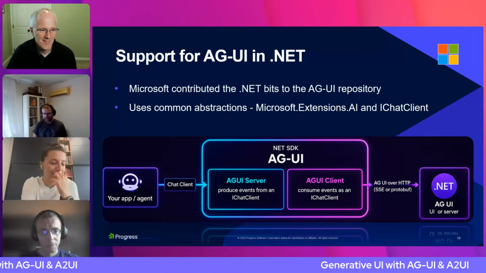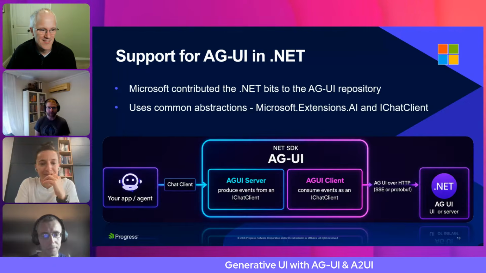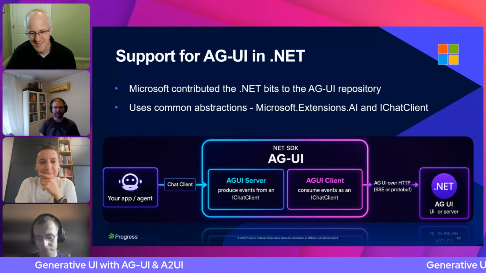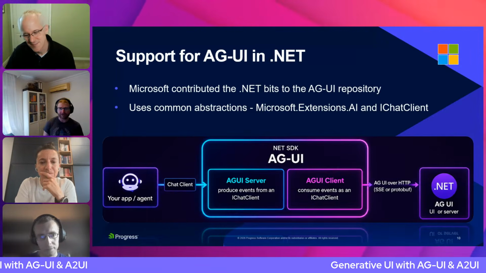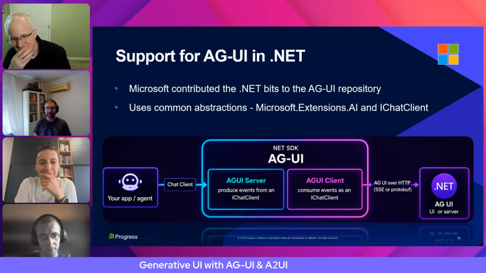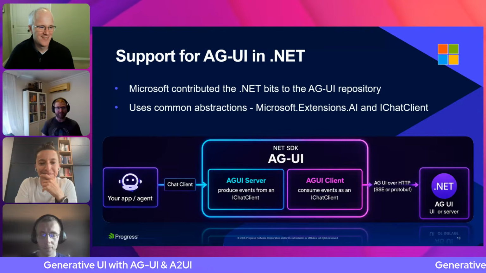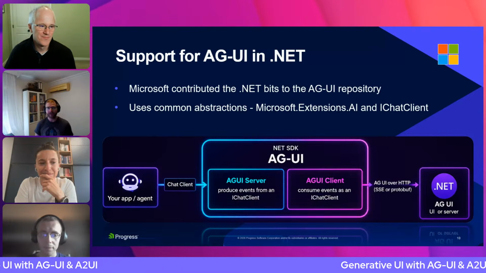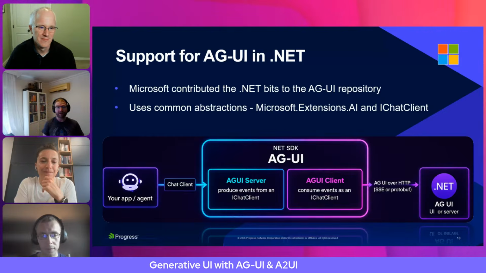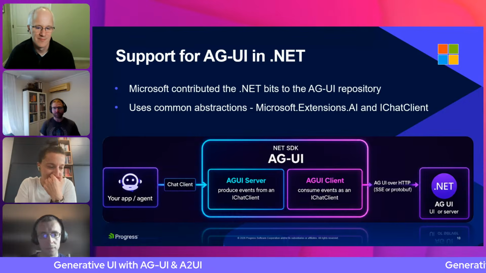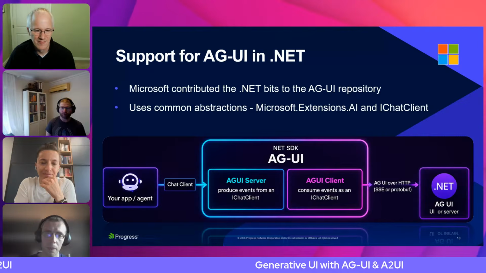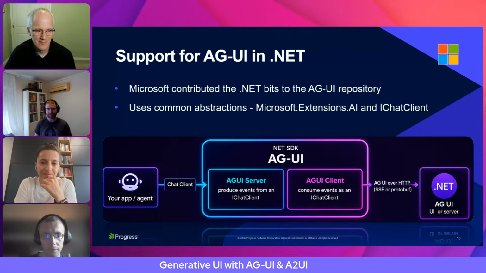Awesome. Yeah. So essentially what we have been working on with CopilotKit is the C# SDK, or .NET SDK, for AGUI. And it essentially has a couple of pieces. One, it has an AGUI server, which you can use to map any chat client or any agent framework or anything like that into a standard AGUI endpoint that you can then consume through either the Python client, the TypeScript client, or the C# client that we also ship.